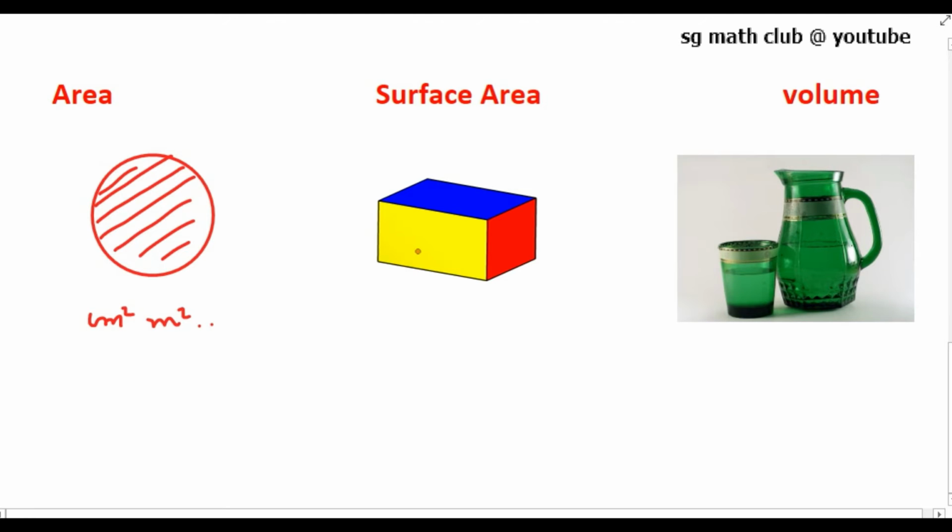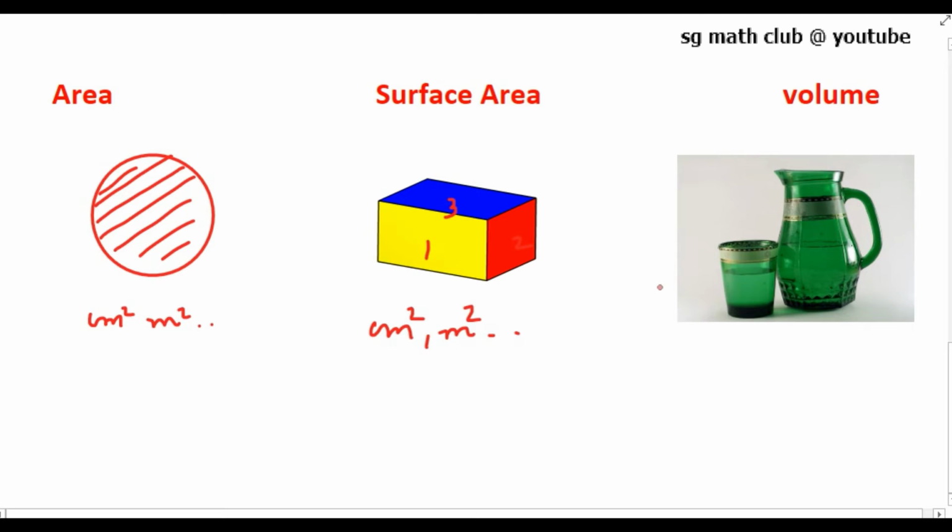For example, a cube and cuboid have 6 faces. So you take the area of all these faces and sum it, then you will get the surface area of the solid figure. And here also the unit will be centimeter square, meter square, etc.